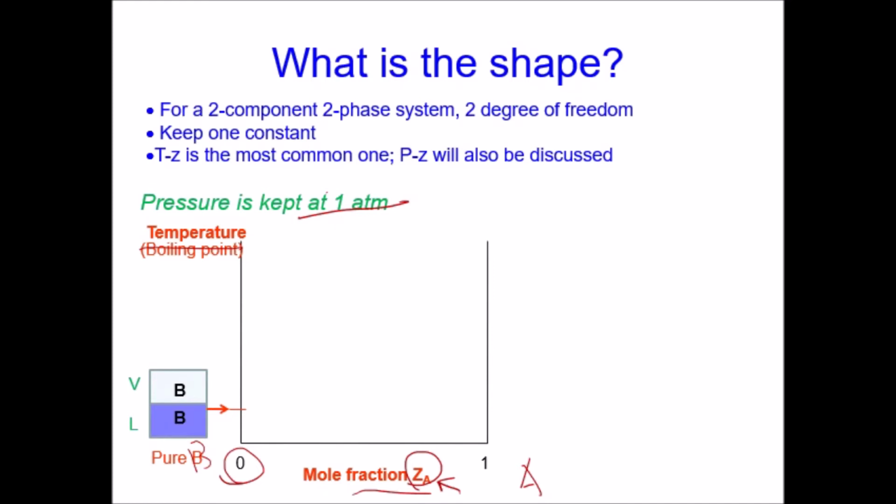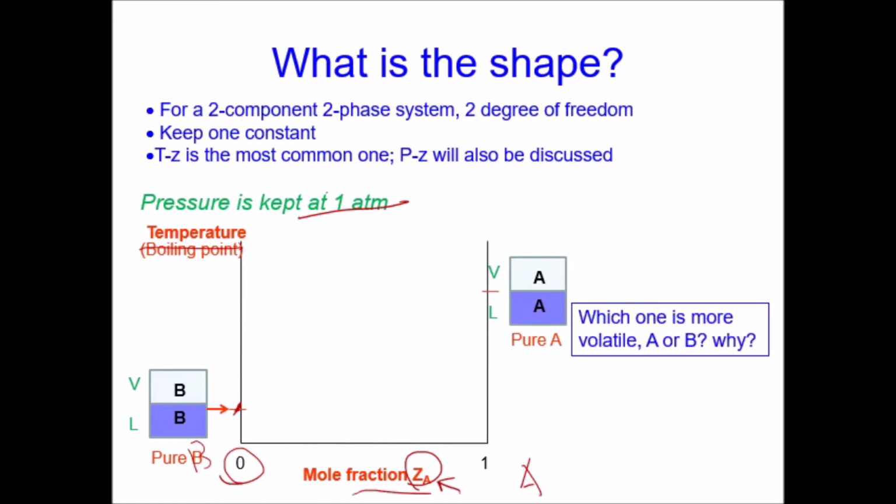So the left side is the boiling point for pure B, and the right side is the boiling point for pure A. Now which one is more volatile, A or B? By looking at the boiling point, we can say B is more volatile because B has a low boiling point.